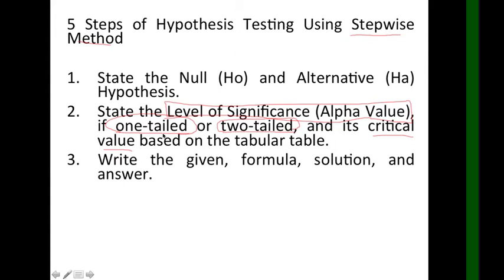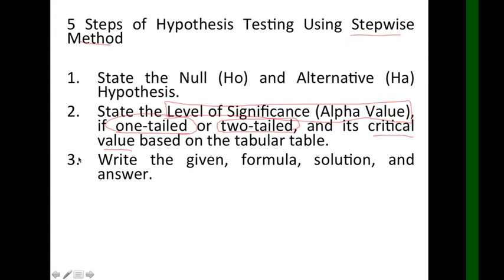Step 3, write the given formula, the solution, and the answer. This will depend on the statistical treatment that you will use. So in this lesson, we will skip this one because I'll discuss this on a specific lesson, like for instance, Z-test, T-test.